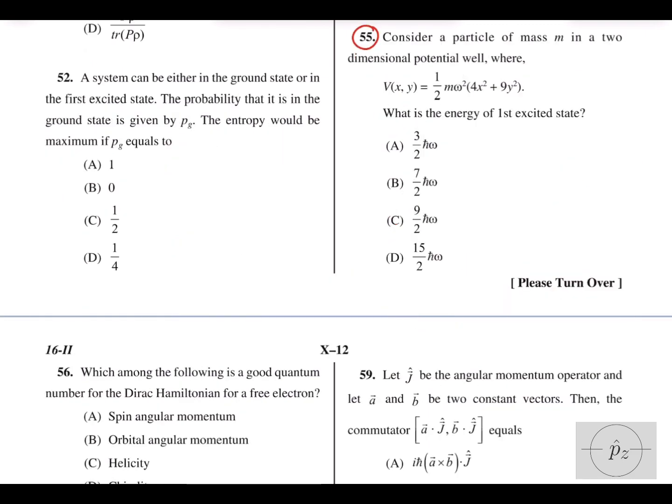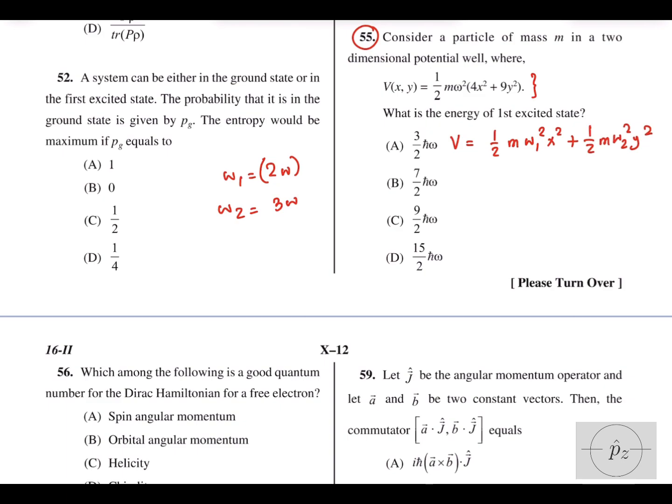Problem 55. Consider a particle of mass m in a two-dimensional potential given by this. What is the energy of the first excited state? We can write the potential V as follows: half m omega 1 squared x squared plus half m omega 2 squared y squared, where omega 1 is 2 omega and omega 2 is 3 omega.